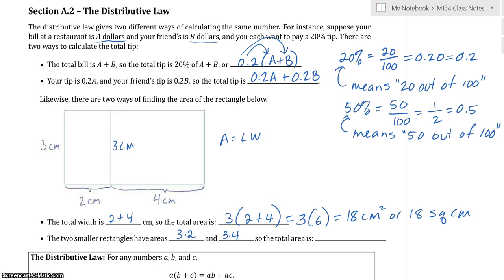So we have 3 times 2 plus 3 times 4, which by the way is 6 plus 12, which is also 18. And again, you can write it either way, centimeters squared or square centimeters. Again, right here, 3 times 2 plus 3 times 4 is the distributive law.